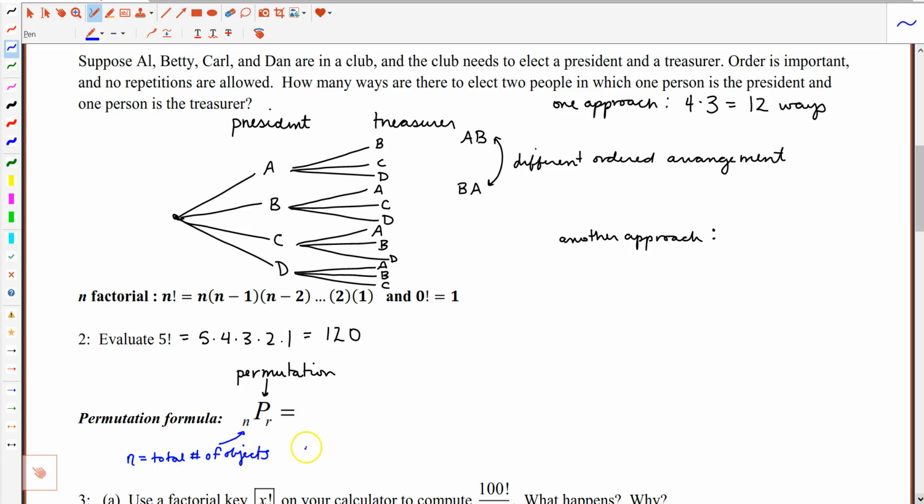This number right here, R, which would be written to the lower right of this capital P, is how many objects you want for your set.